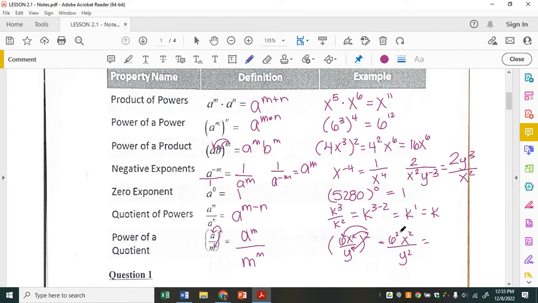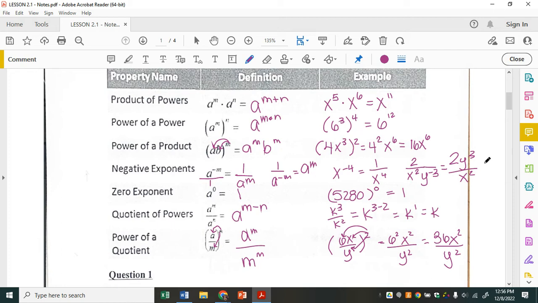The most I can do, again, because this is a pretty small base, is I know 6 squared is 6 times 6 to give me 36x squared over y squared. There's an arrow going to the 6, an arrow going to the x, and an arrow going to the y. So 6 squared, x squared over y squared. Okay.